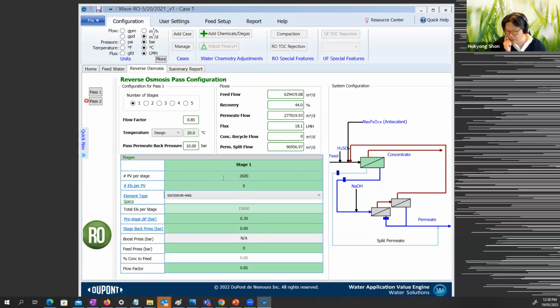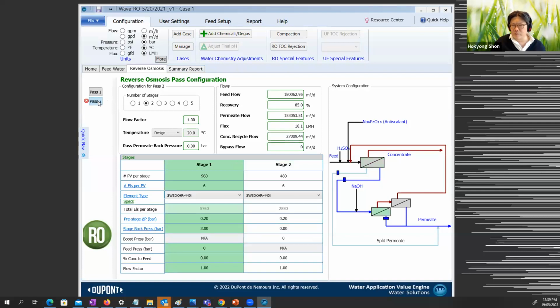But he set 284, which is a much lower value. The water cannot pass through everything. So there are a lot of pressure vessels required for his design. That's the reason why when you click this summary report, everything is frozen, because it cannot make a balance of your water flow in terms of concentrate, permeate, as well as some other information.